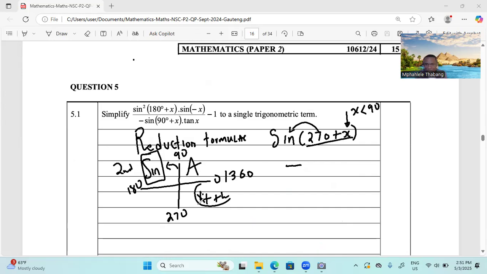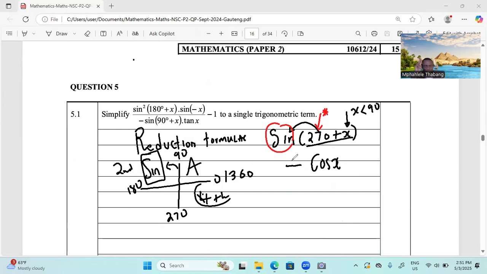Now, what is my final answer? Negative cos x. Really, sir? What happened? We started with sine, but you are saying your final answer is in terms of cos. Yes, because of this 270, your trig ratio will change to its cofunction.